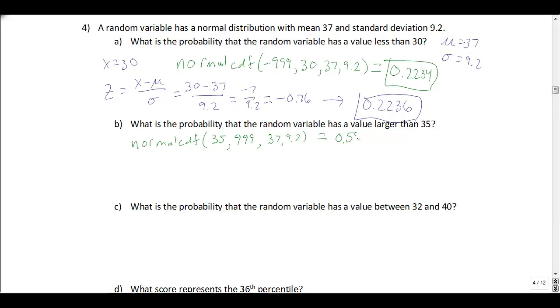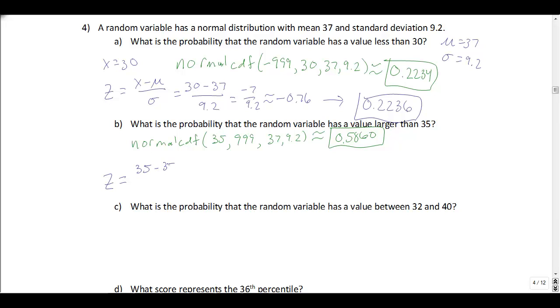So 0.5860. I suppose that's not technically equal, that's approximately equal. So I should have fixed those up here too. And I suppose while I'm at it, negative 7 over 9.2 is approximately negative 0.76. Okay, so the other method, using the table, your z-score here, again, is x minus mu over sigma. x here is 35.